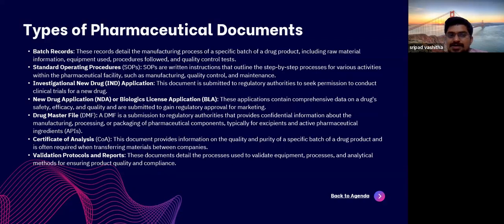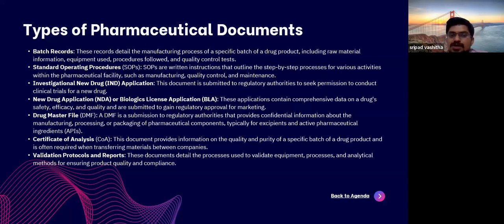Okay. And the IND application, which is the investigational new drug application, is certainly an application or a submission, but why is it again in the documents? Because this is, I would say, a huge chunk of data with a number of different documents compiled into one, yeah, and then submitted to the health authority. Certainly, you can say it on a ground level. It is also a document if you consider it as a whole, correct?